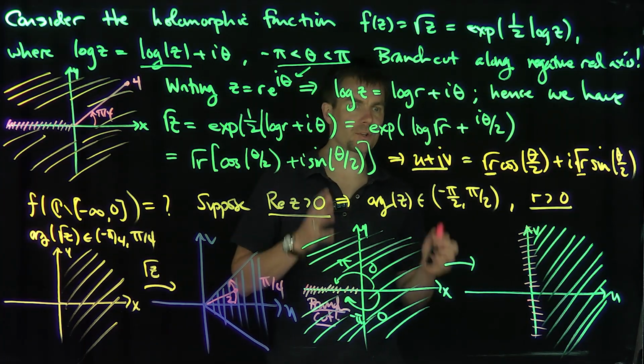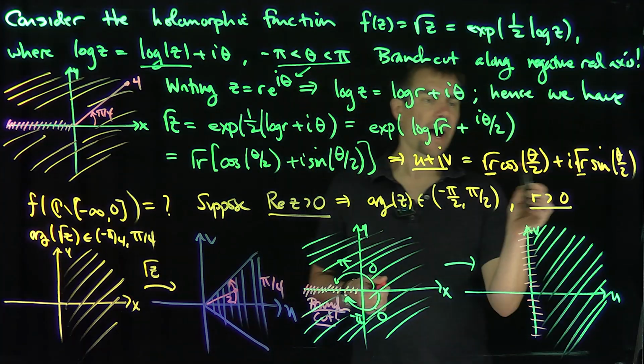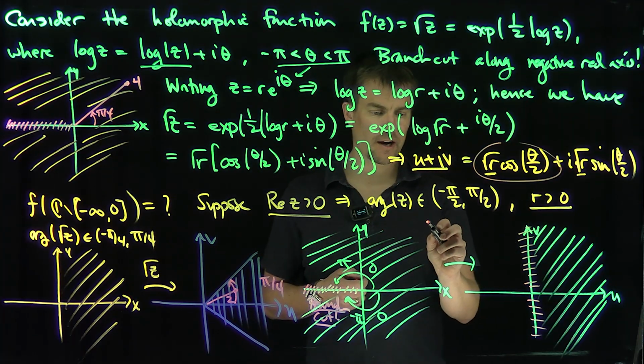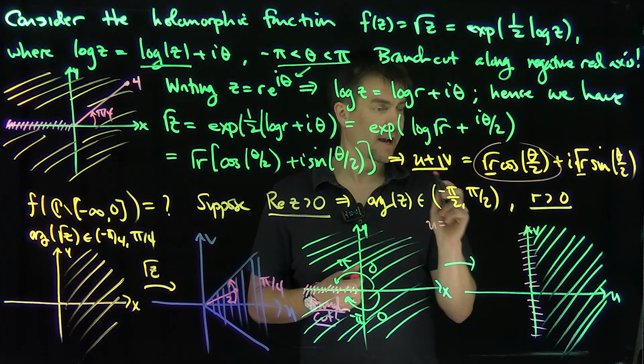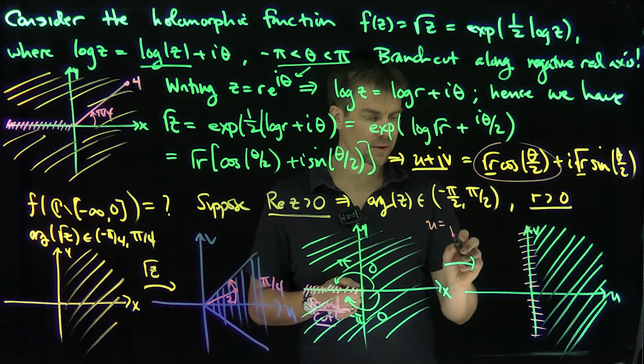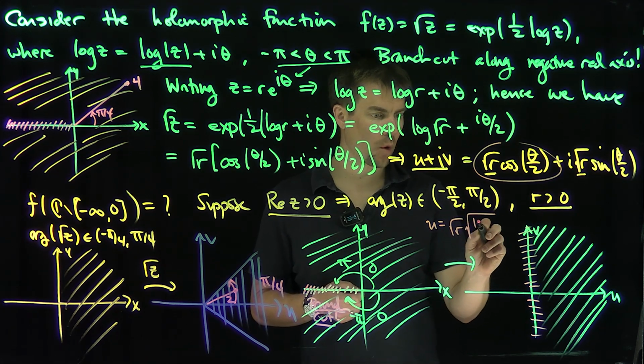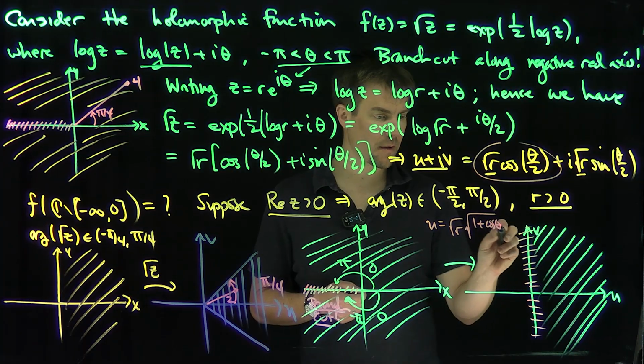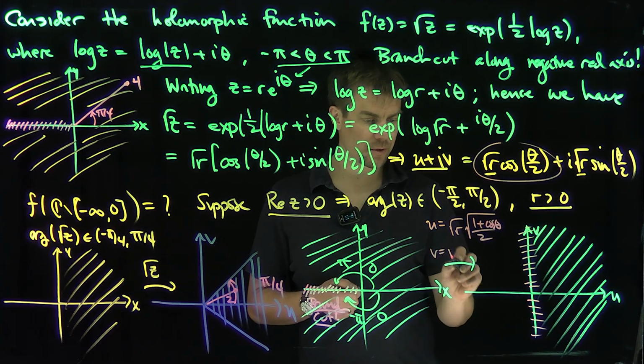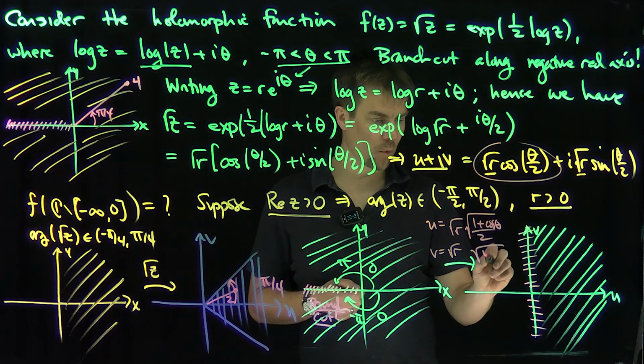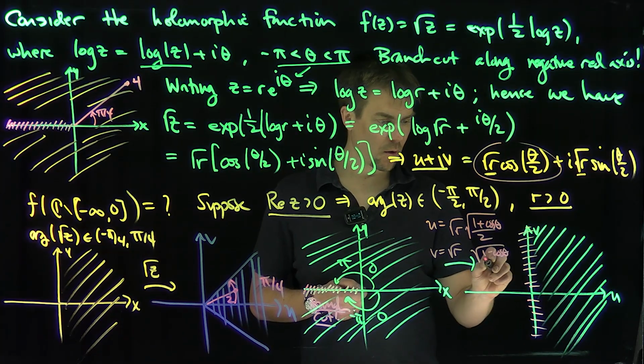Excellent. Now, of course, the cool thing you can also do is find nicer formulas for these things. I can say that u is equal to square root of r and then square root of 1 plus cosine theta over 2, and v is equal to the square root of r, square root of 1 minus cosine of theta over 2, right?